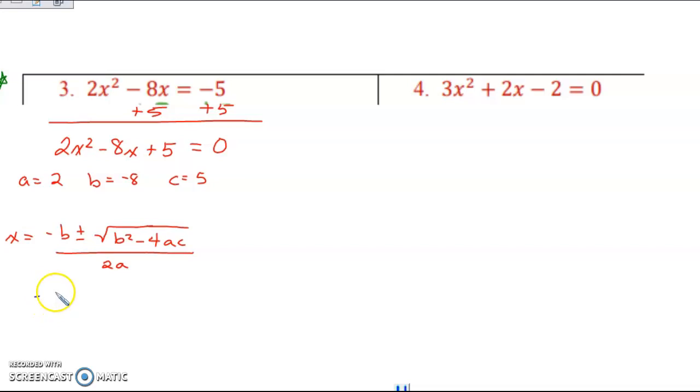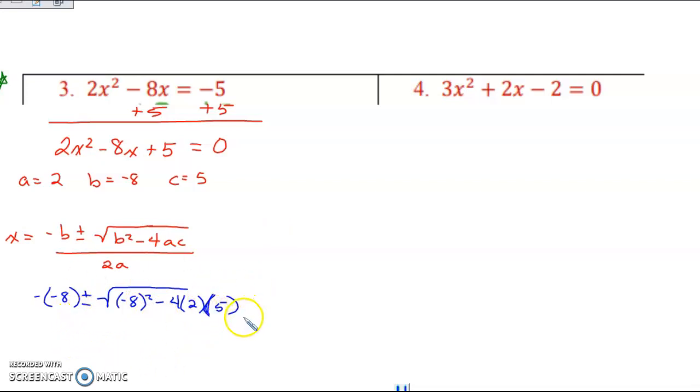So we have negative of negative 8, or the opposite of negative 8. Negative 8 squared minus 4 times a is 2, and c is 5. And it's a 5, not a 15.